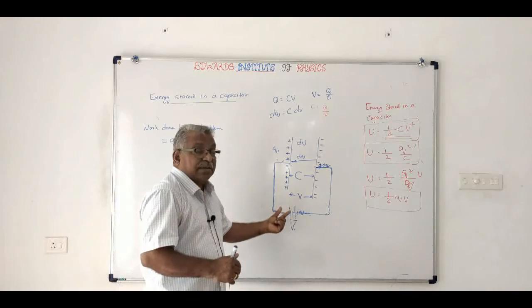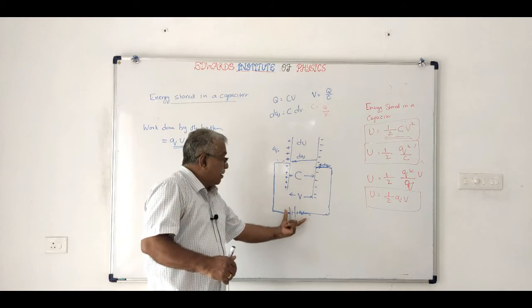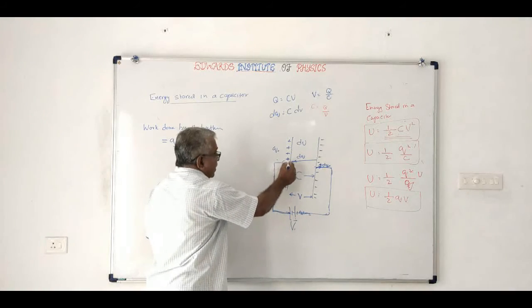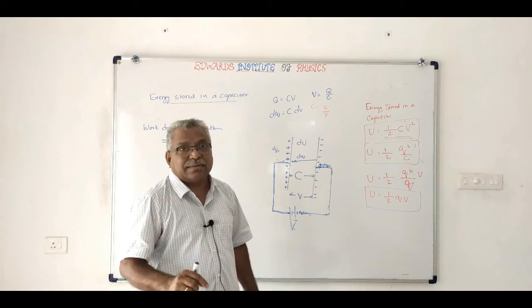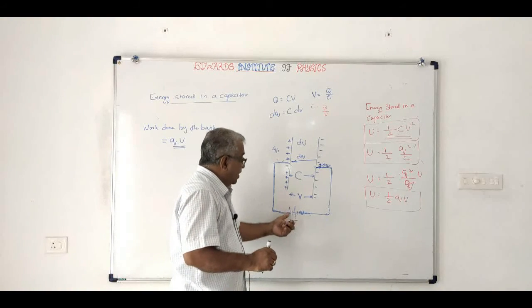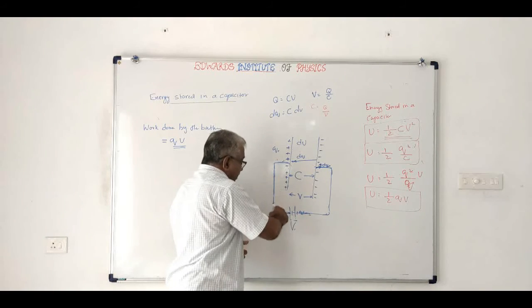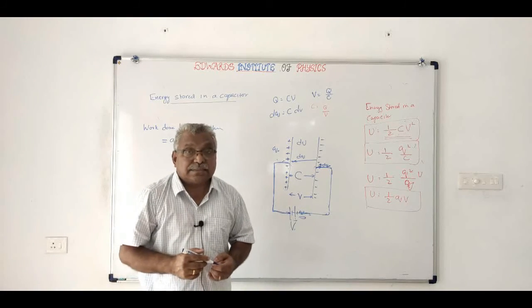So half of the energy will be lost as heat in the internal resistance of the battery, and these conductors, wires, also will get slightly heated. So half of the energy will be lost in between these conductors as well as the internal resistance.